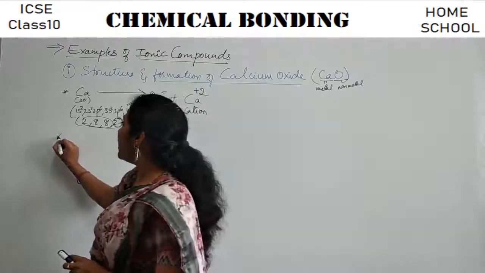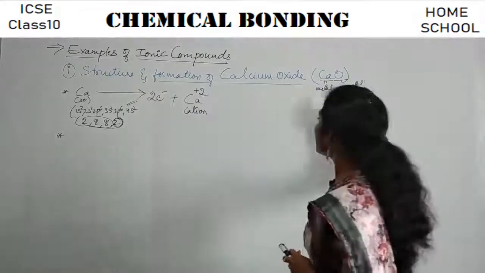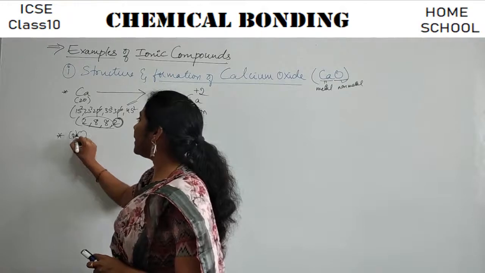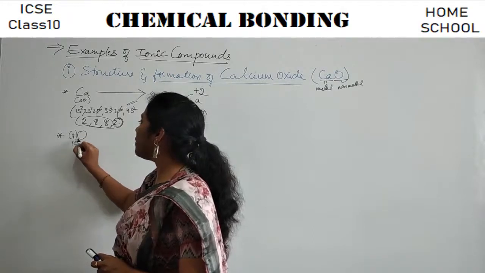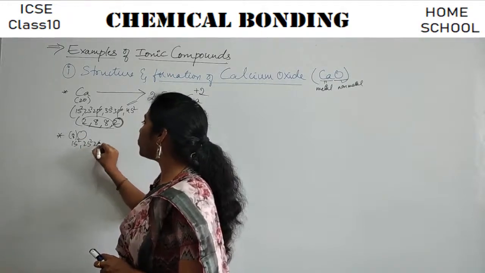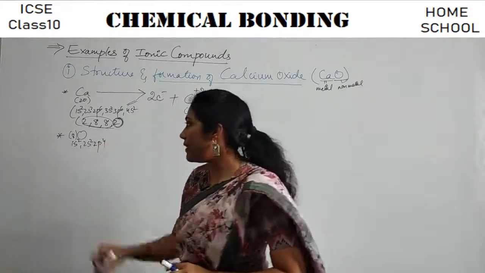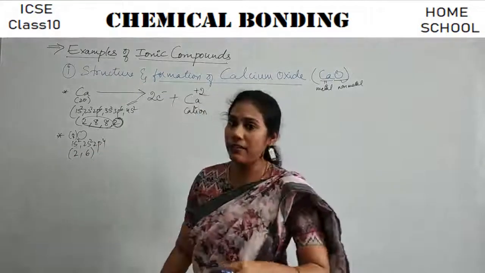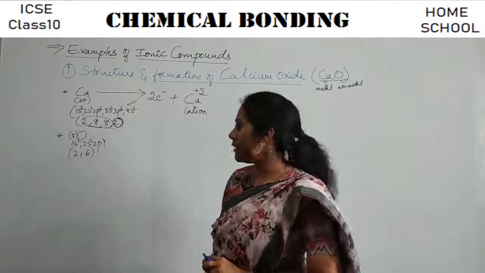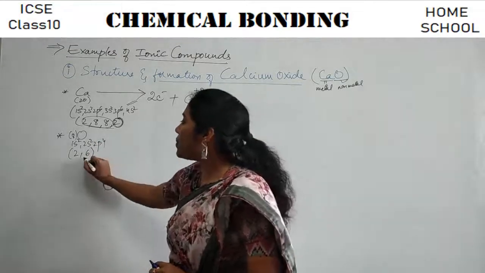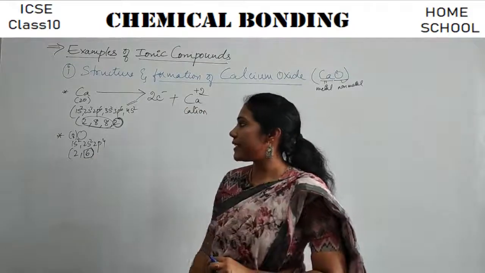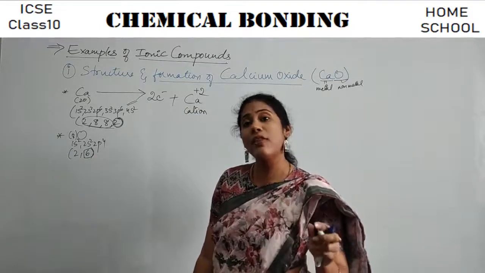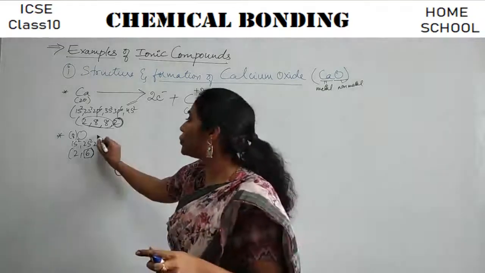So in a similar way, who is a non-metal? Oxygen. So oxygen, atomic number 8, electronic configuration 1s2, 2s2, 2p4, isn't it? So 2, 6 in a simple electronic configuration, right? So in the outermost shell, you see 6 electrons are there. It is not stable. So how many more electrons are required to become stable? 2 electrons.